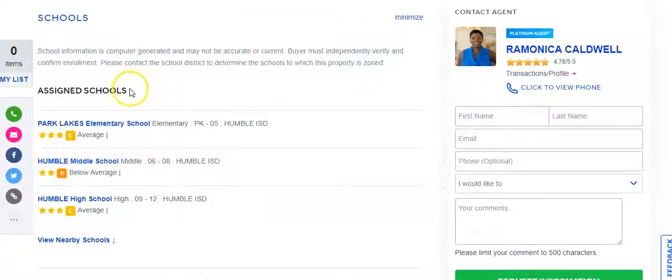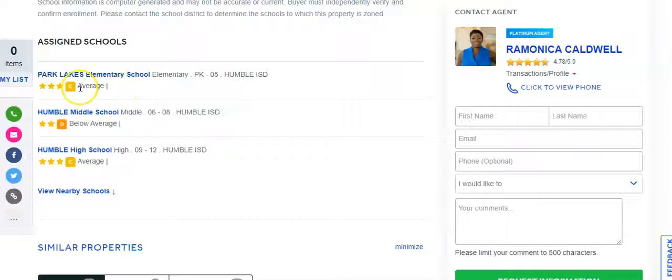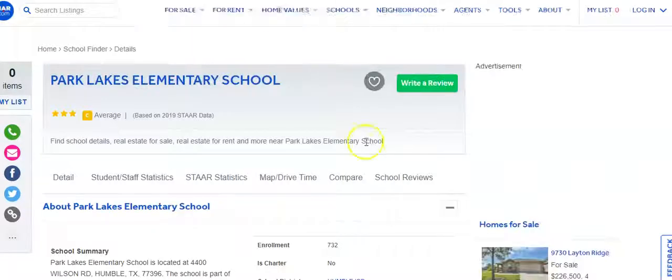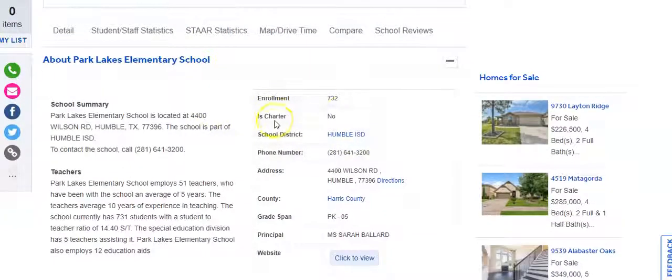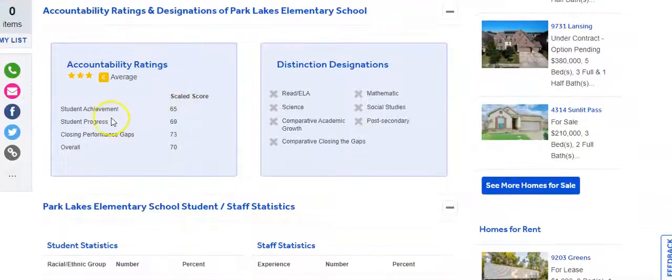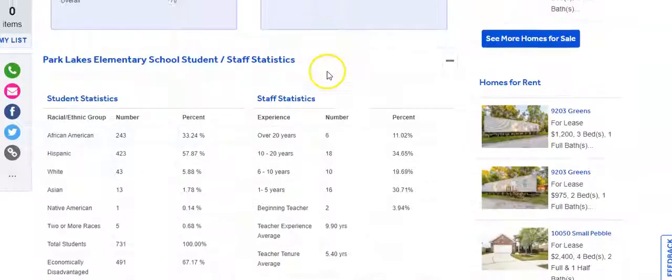Then it gives you information here about schools. It gives you a rating for the schools. It tells you which schools this property is zoned to. You can click on the school and you can go here to read about the school. Is it a charter school? You can read about the teachers. You can look at student achievement. You can look and see if they have any designations.